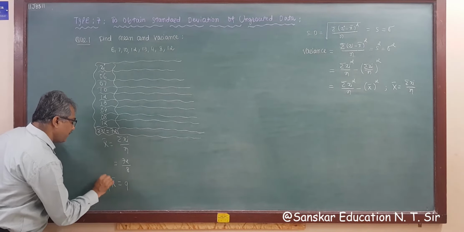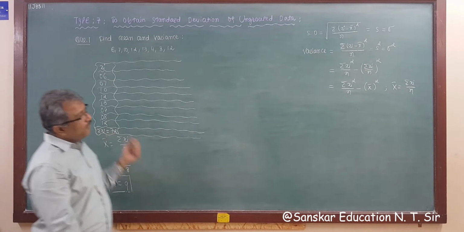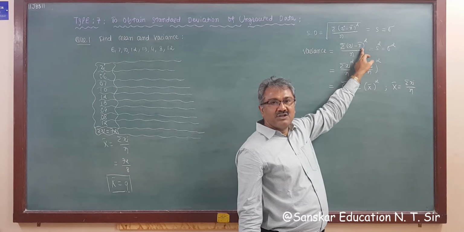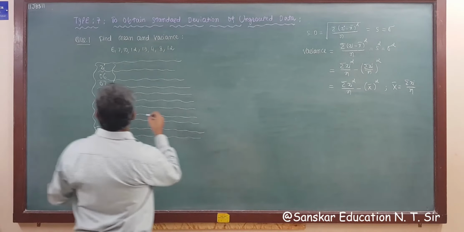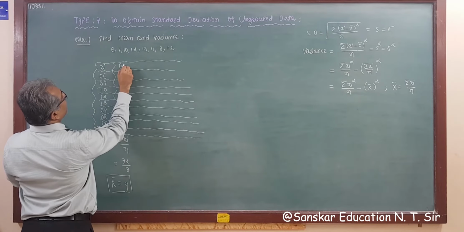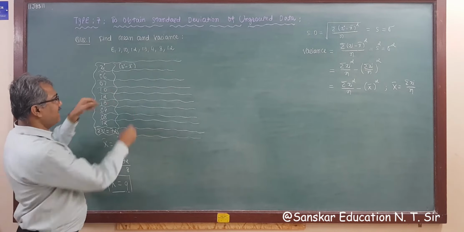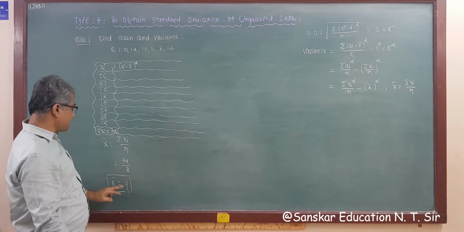So the mean here is 9. Now for the formula of variance we need xi minus x bar whole square, so the second column is xi minus x bar. You can write whole square also if you have no problem.